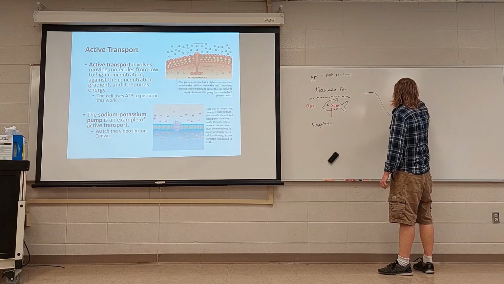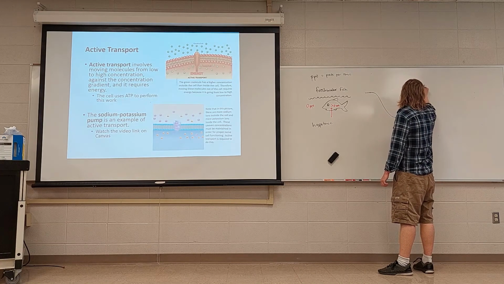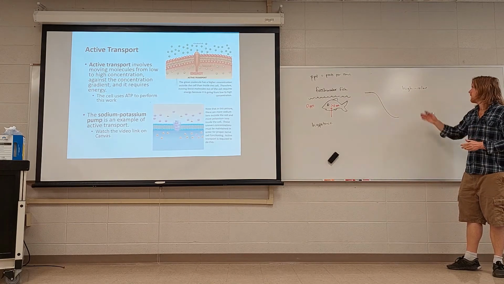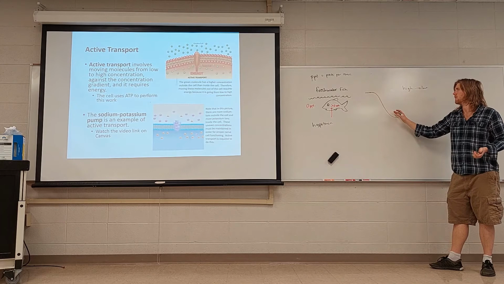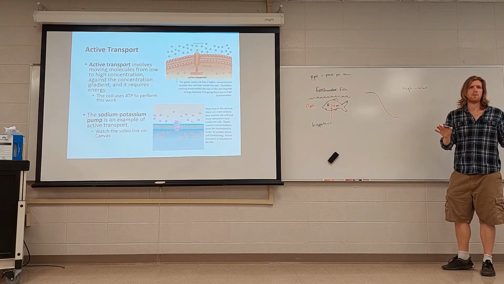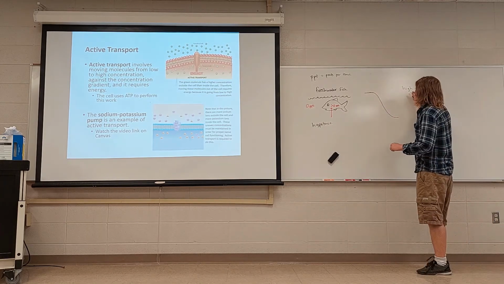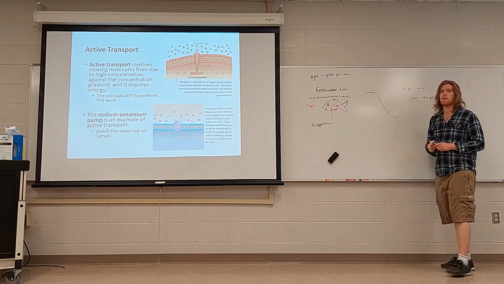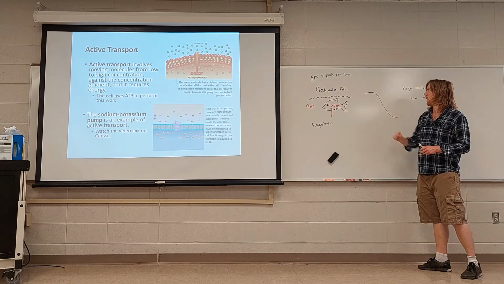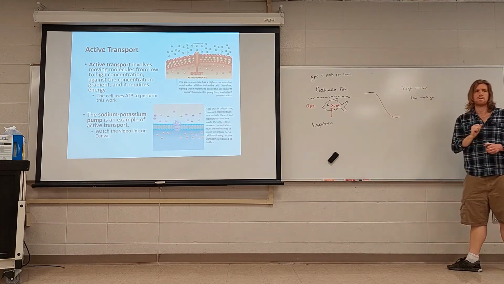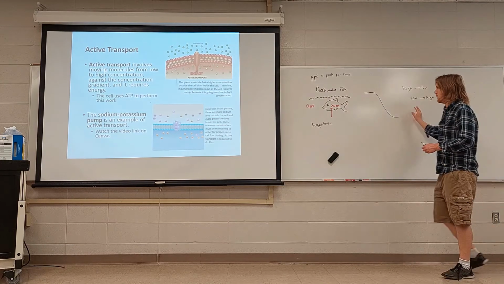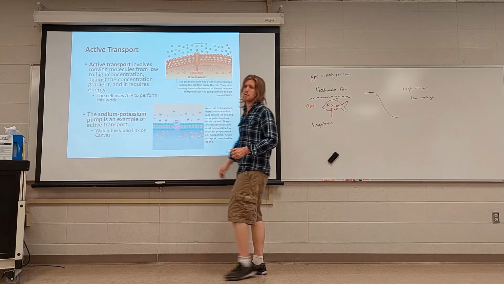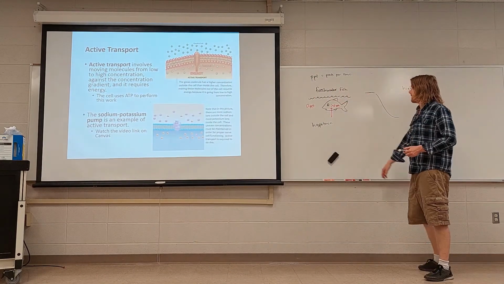Likewise, if you're going from high to low concentrations of molecules, it's passive. It's like going downhill. High to low, no energy expenditure needed. But if you want to go in reverse, low to high, just like going from low to high elevation, this needs energy to do it. And so the opposite of passive, which is no energy needed, is active.